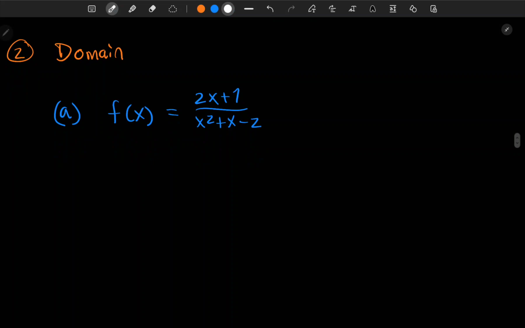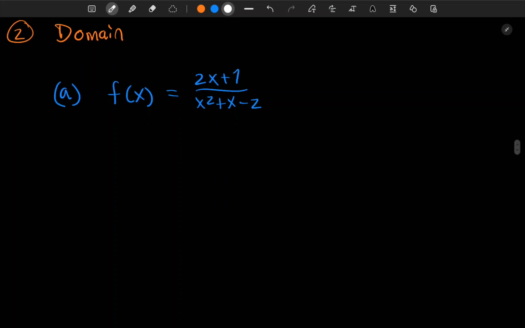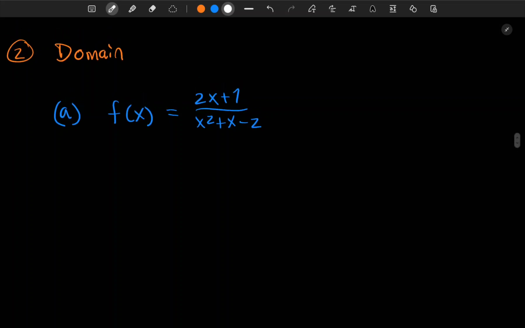Well, the domain occurs whenever a function is well defined. So for a quotient like this would be whenever the denominator is not equal to 0. So we would like to find when the denominator is equal to 0, and hopefully from there we'll find some values which will give us a good range on the domain.